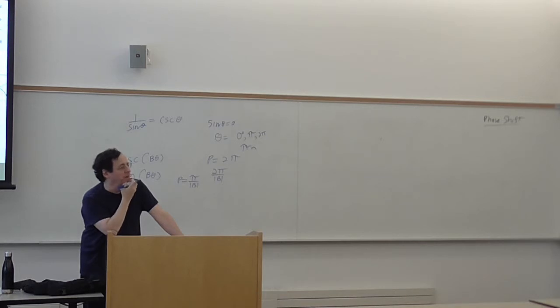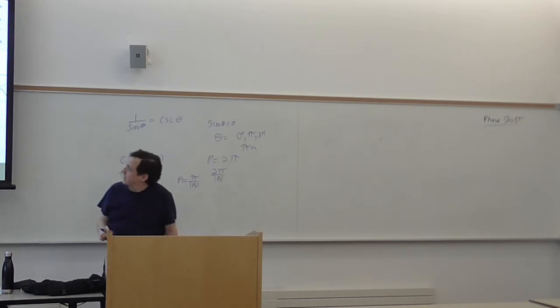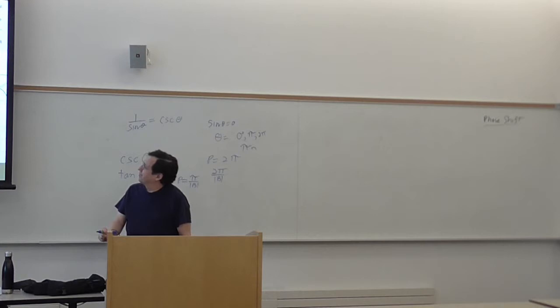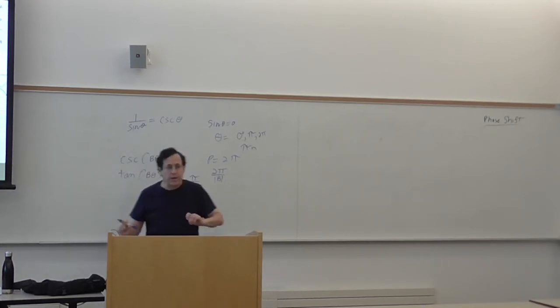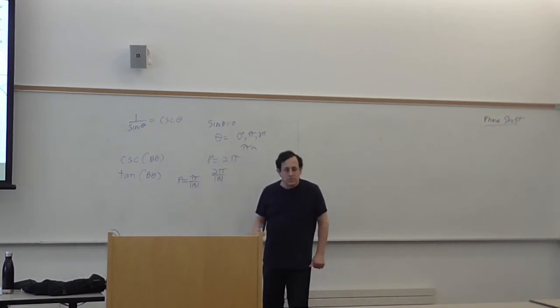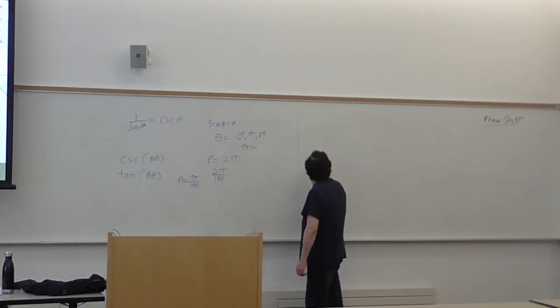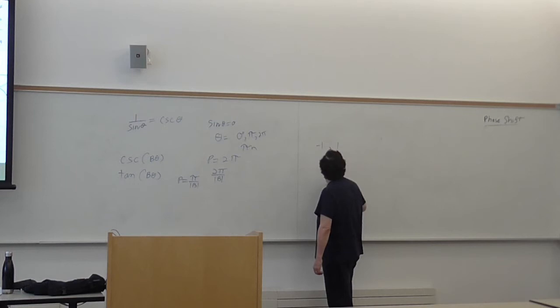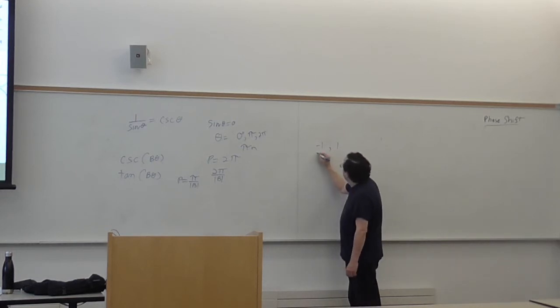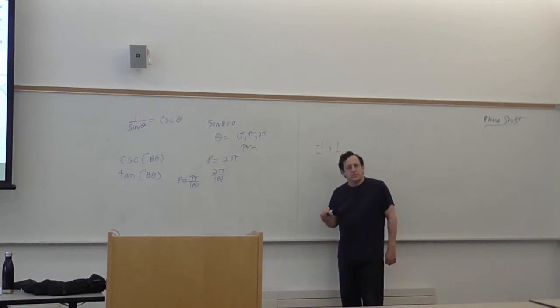Not being very brave today, are we? Is it -1 and 1? What about -1 and 1? Is that what the range has to do with? Is the range just -1 and 1?